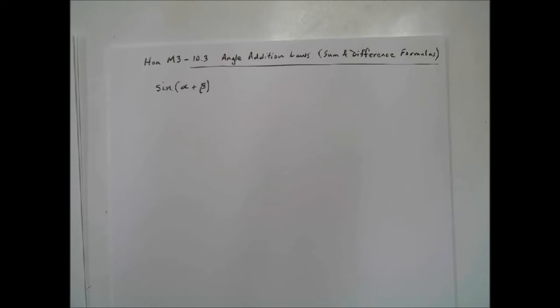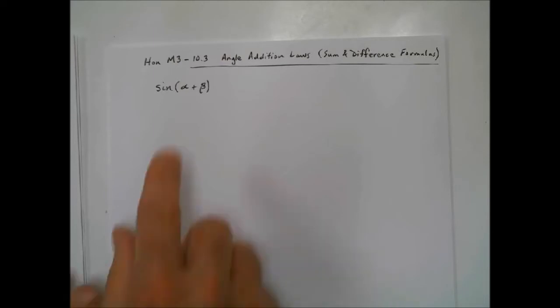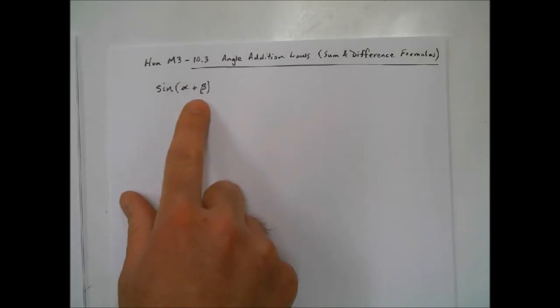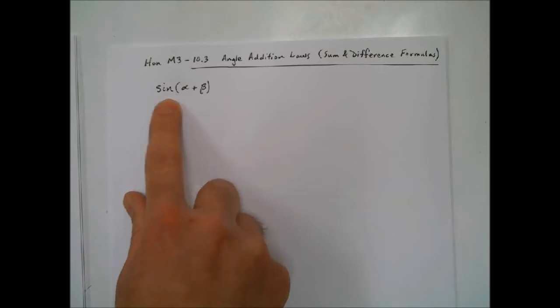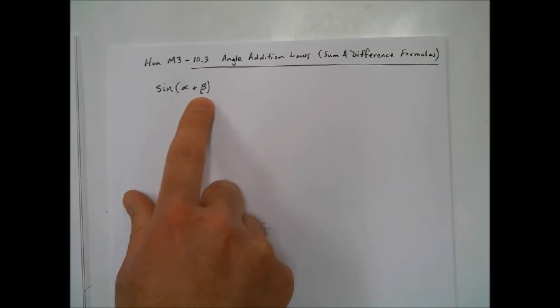So the first one we're going to take a look at here is sine of angle addition, and this is sine of alpha plus beta. If you don't like using alpha plus beta, you could use a U and a V, but sine of alpha plus beta.